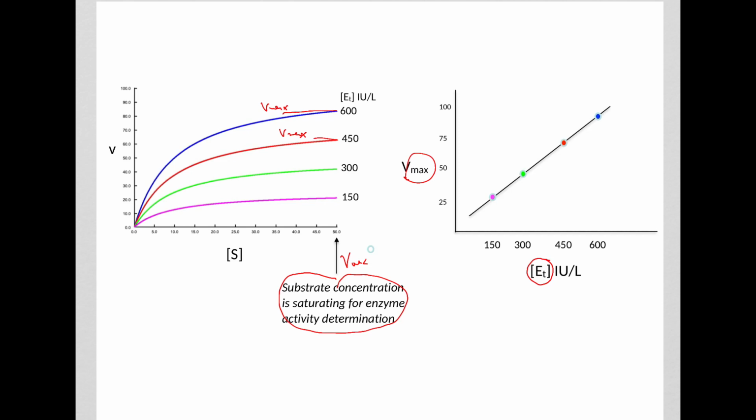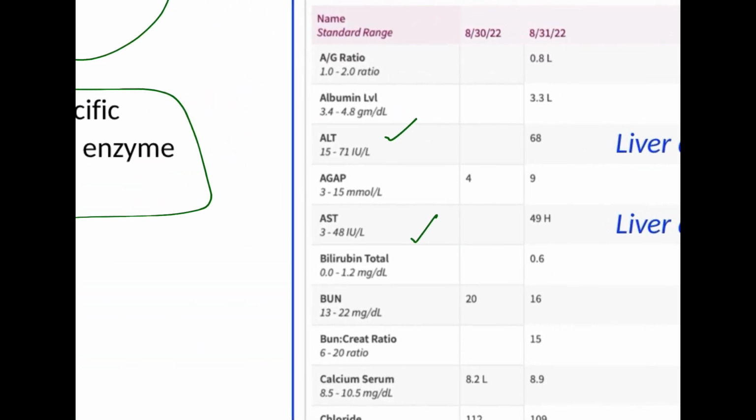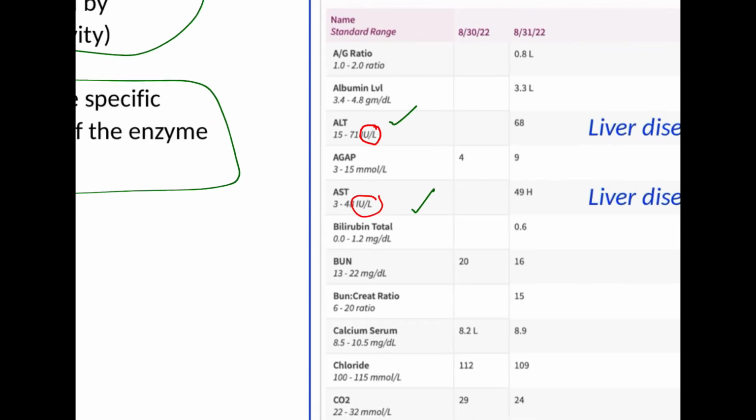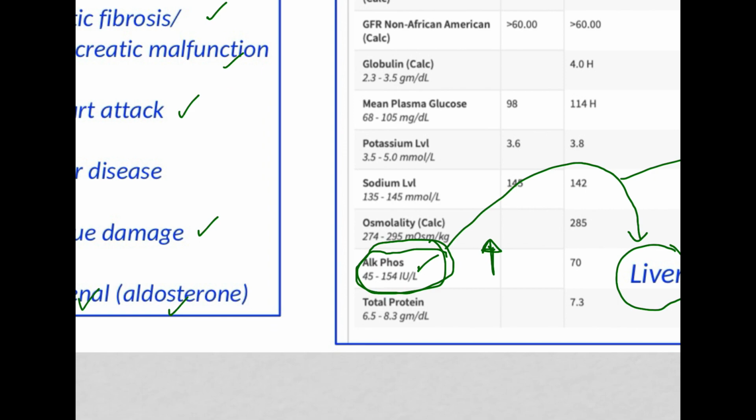So by measuring Vmax, we are actually measuring the concentration of enzyme, and we express the concentration of enzyme as international units per liter. So this is what you commonly see when you get a clinical lab report. The enzyme units are in international units per liter, IU per liter.